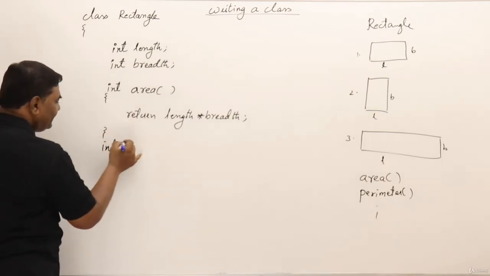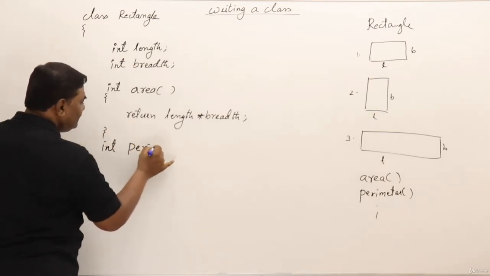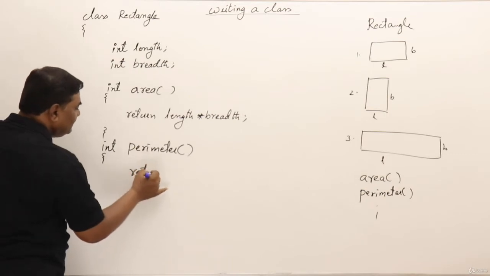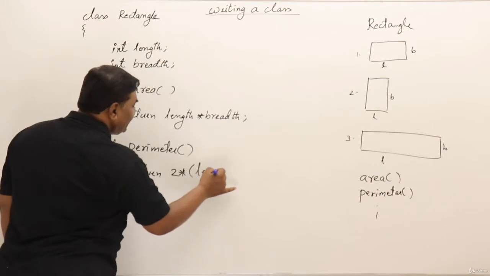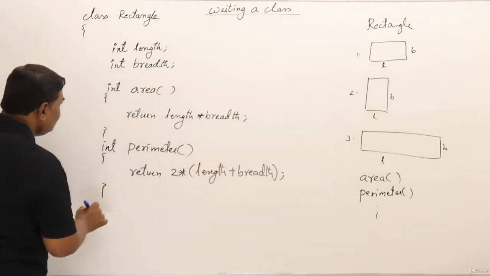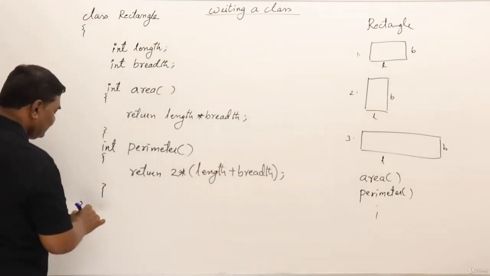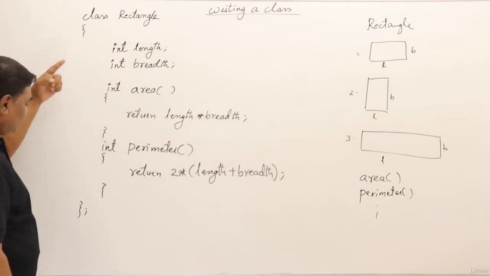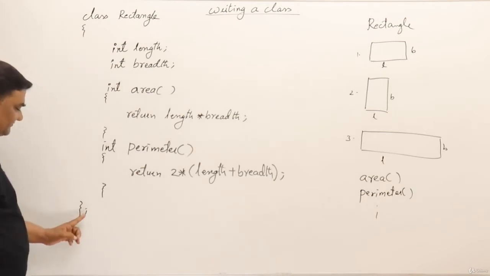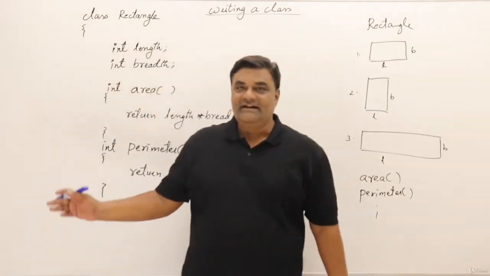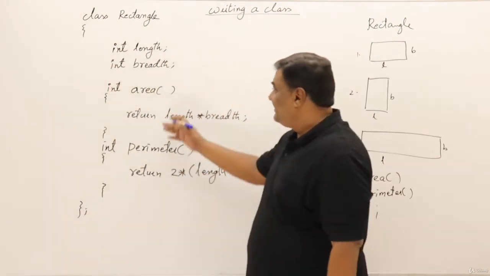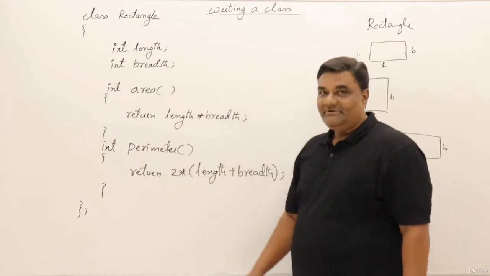Then for perimeter, I will write a function that returns 2 into length plus breadth. That's it. I will close this class. This is the opening bracket of a class, this is the closing bracket, and after the closing bracket, a semicolon is mandatory. We should give a semicolon. So here is a class for rectangle having two data members and area and perimeter.